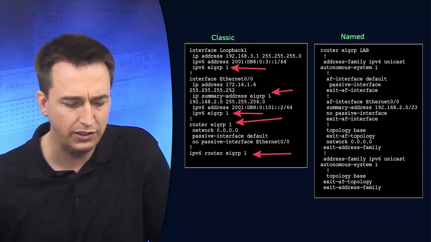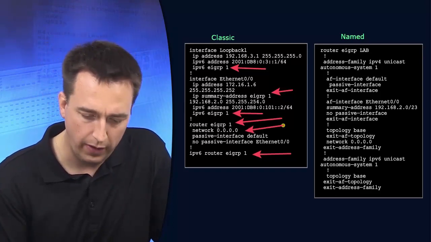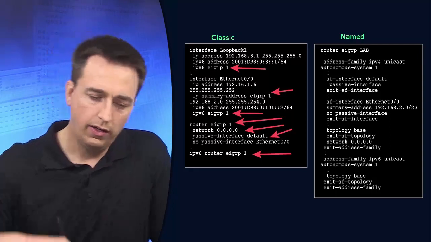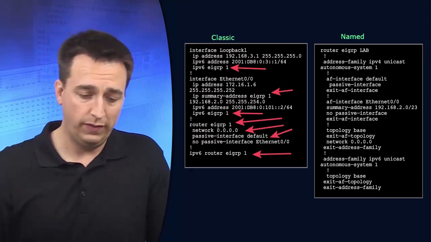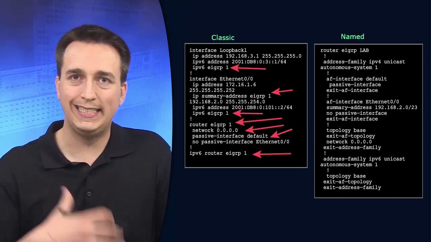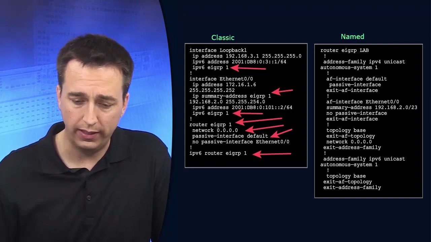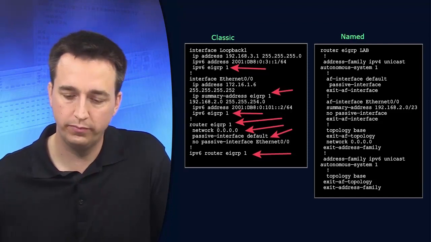This is then a router EIGRP configuration mode. Network commands are done there. Passive interface is done there. If we want to set timers, though, we have to go back to interface configuration mode and do the timers. As we said, it's a scattered configuration. Whereas with named, everything's in this hierarchical structure.